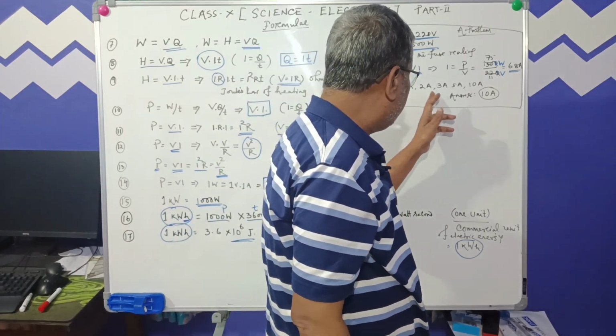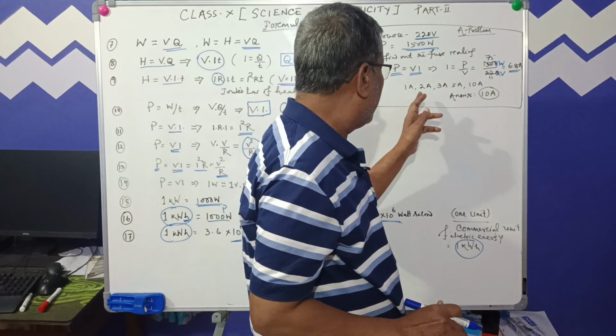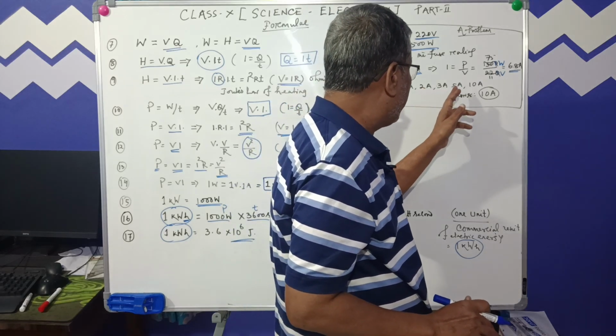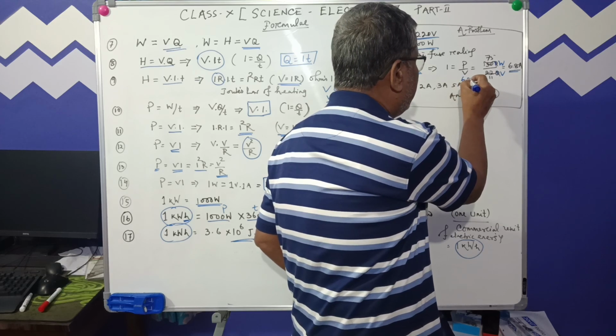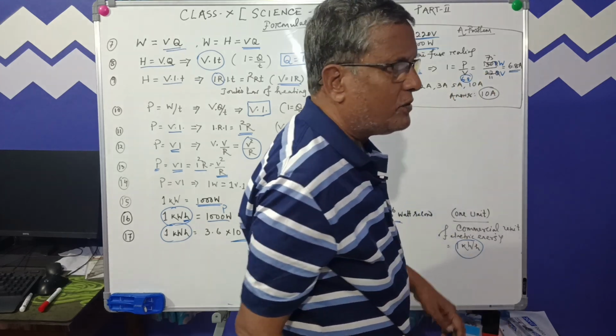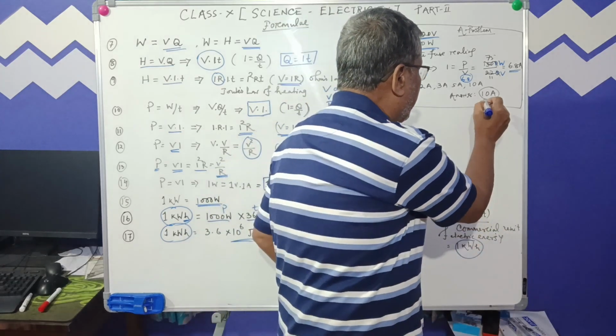Now you see why this question was asked. These ratings of fuse wires are available: 1 ampere, 2 ampere, 3 ampere, 5 ampere, 10 ampere. You see 6.8, there is no such fuse wire. So what rating will be used here? That is 10 ampere.